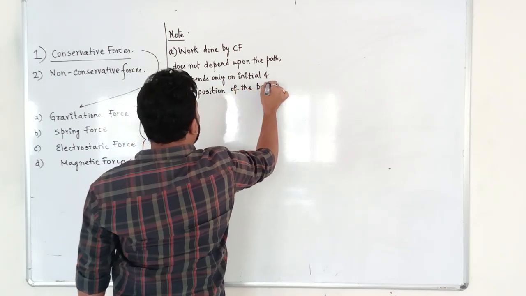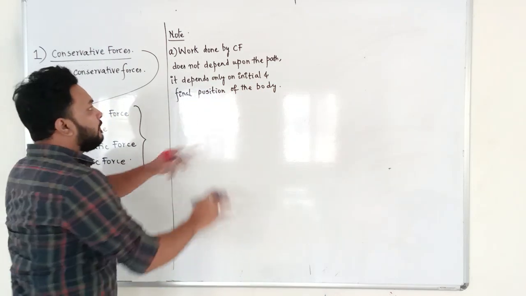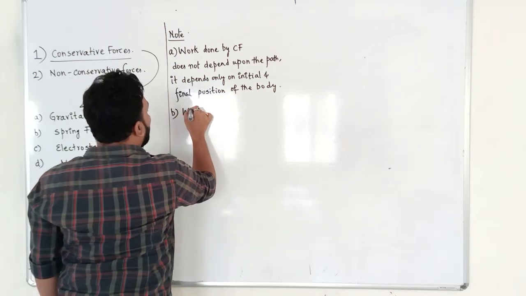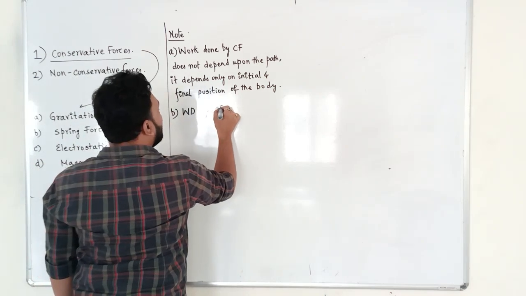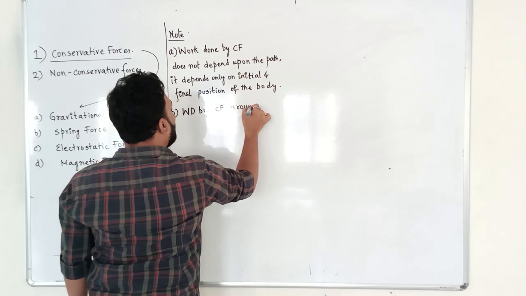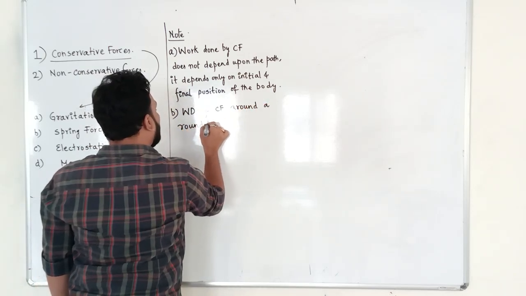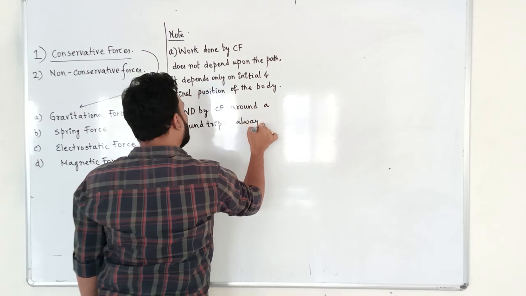So this is the first important note on why we consider it a conservative force. The second one is that work done by conservative force around a round trip is always zero.